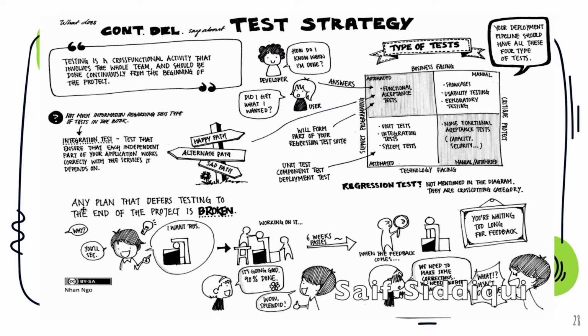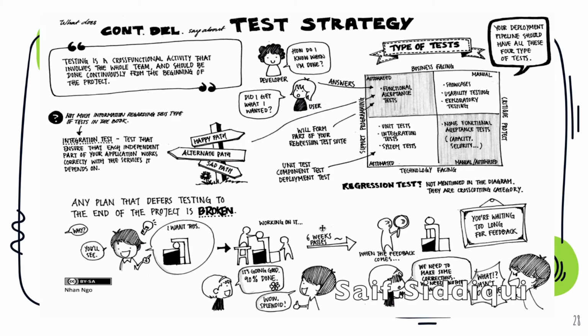We are also going to see that any plan that defers testing to the end of the project is broken. So we are going to maintain and update that. Once everything is done, then 6 weeks pass, then when the feedback comes, we need to make some corrections, and then we need to define everything. For test strategy, when we are defining anything, we are not waiting until the end to finalize our testing strategy.